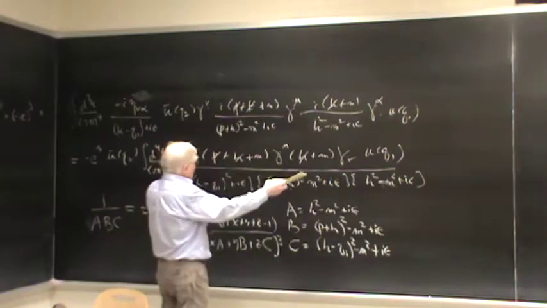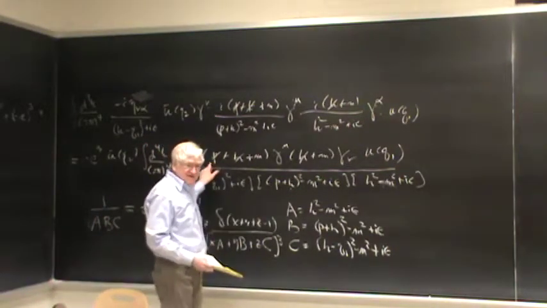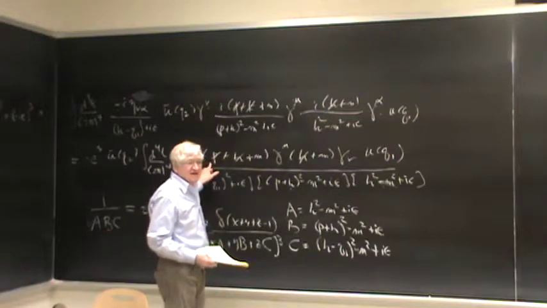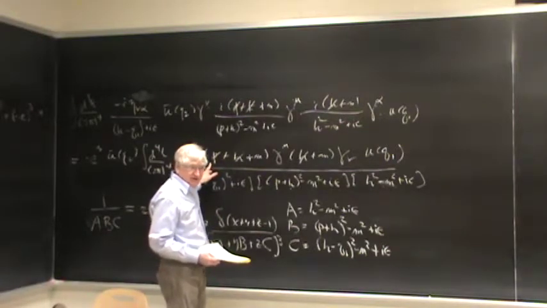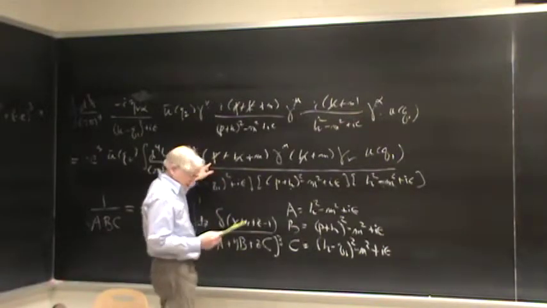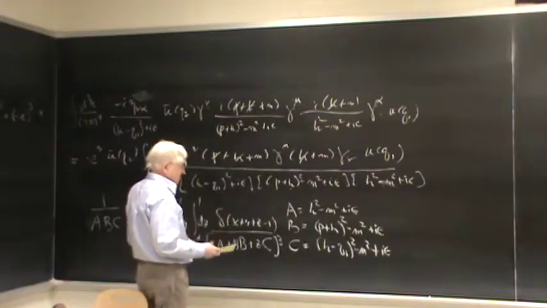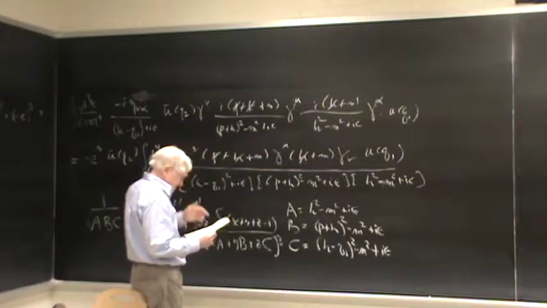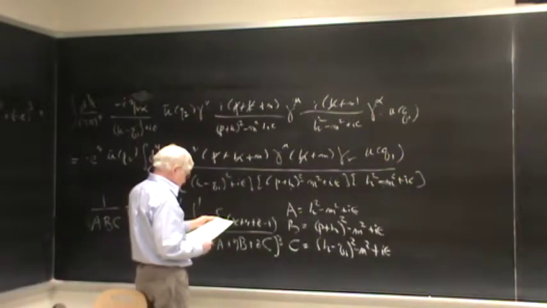But when we look for the piece in here that's proportional to sigma mu nu, which is the part that we're interested in, we'll find that that is actually convergent. So there isn't even any need to renormalize or to do the differentiation and integration.